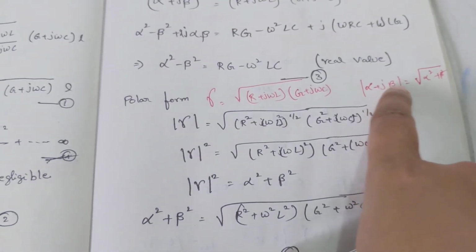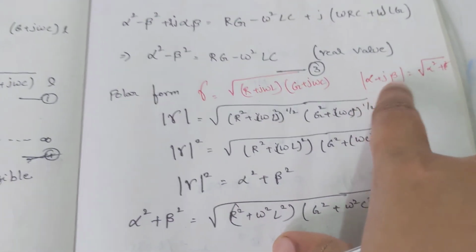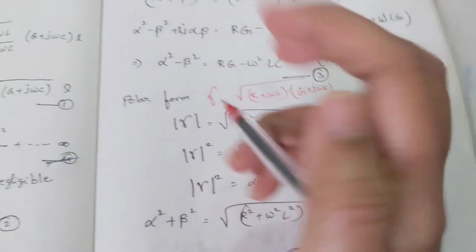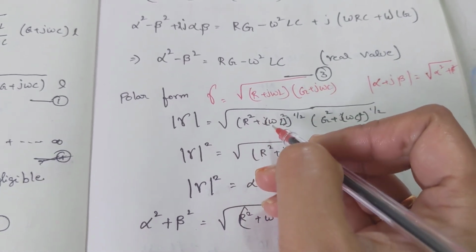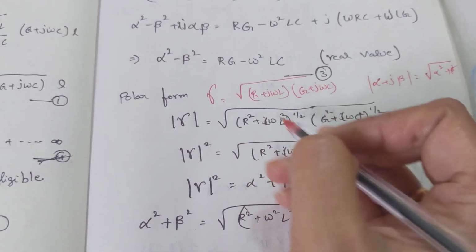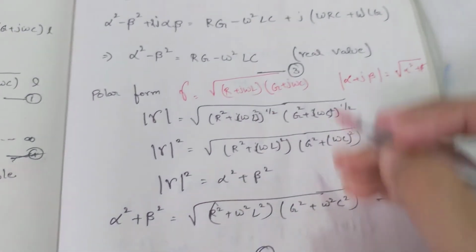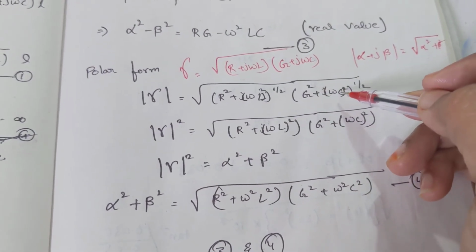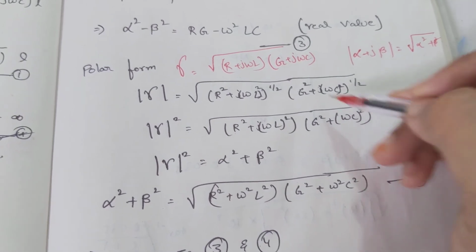For the modulus of any value, real value square plus imaginary value square, for that you have another square root. So for real value square R square, imaginary square value omega L whole square, and for this one we have the square root. So I just take this one as square root 1 by 2. And similarly here also we are performing G square plus omega C whole square whole root.